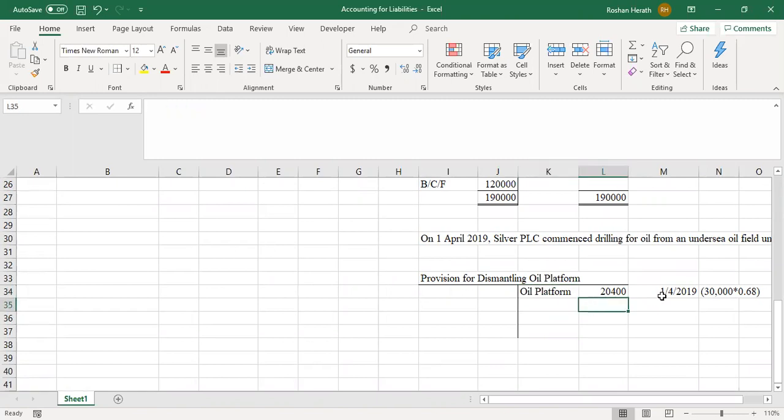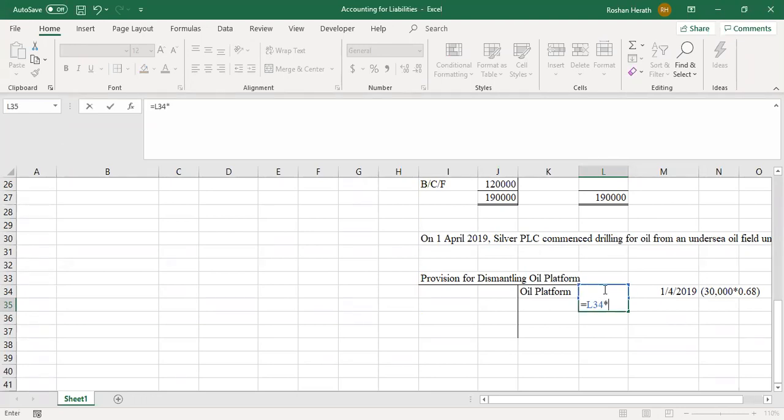Fine. But this is not what is required. The question asks us to provide the extract as at 31st March 2020. So accordingly, once you do the discounting, the accounting treatment is that subsequently you need to compound this annually. And how do you compound that?